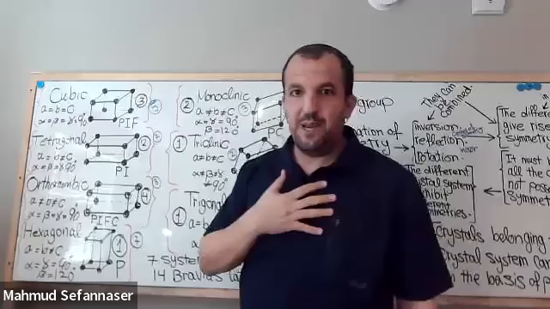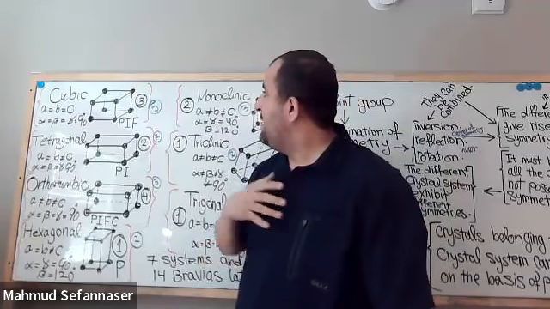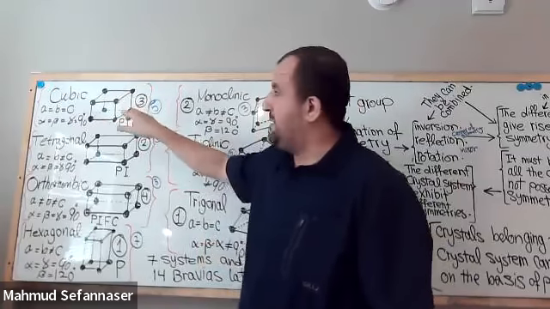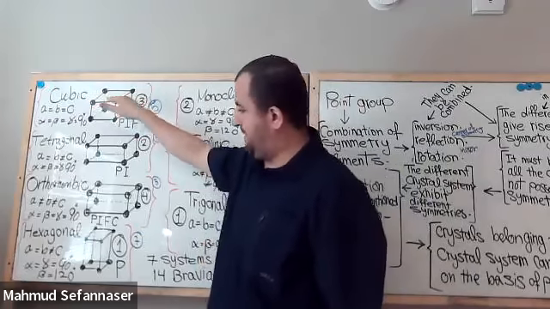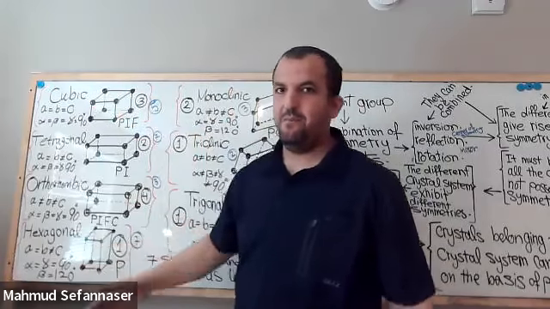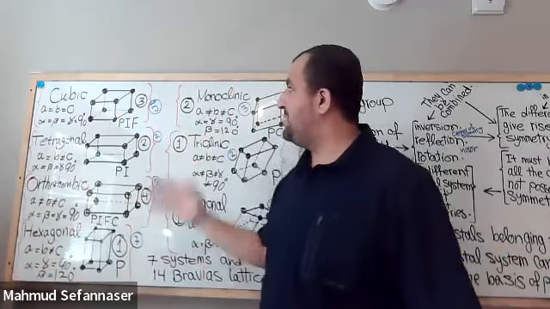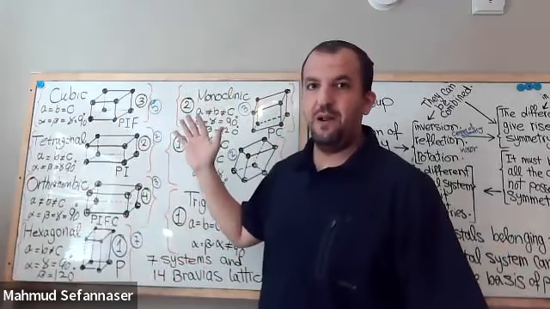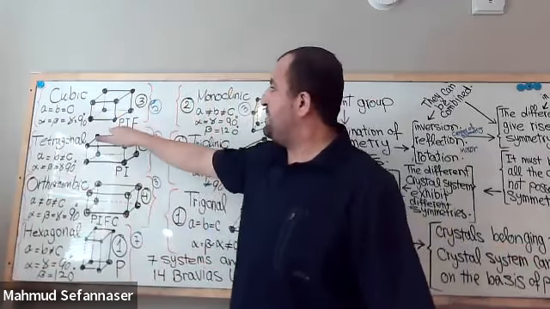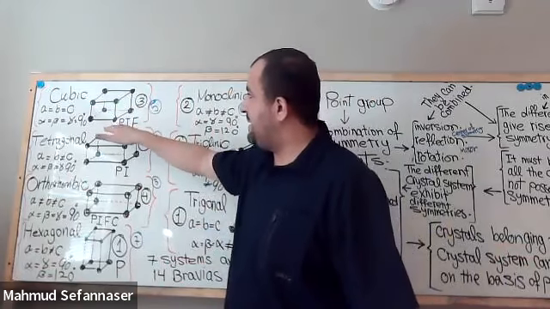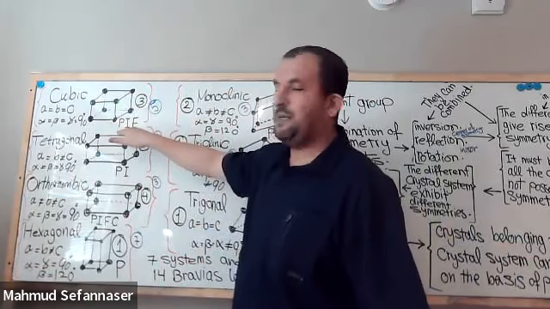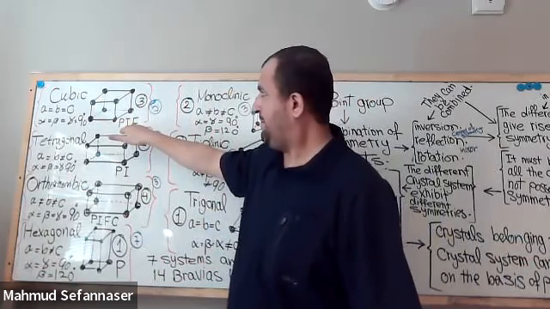What did we study in this semester, guys? We studied the cubic system and the hexagonal system. This is what we studied here, but in general, we have 7 here, as you can see. And also, you still remember, guys, that we studied the simple cubic, body-centered cubic, and face-centered cubic.